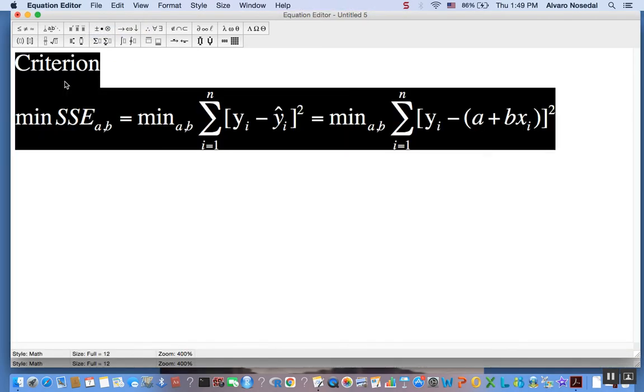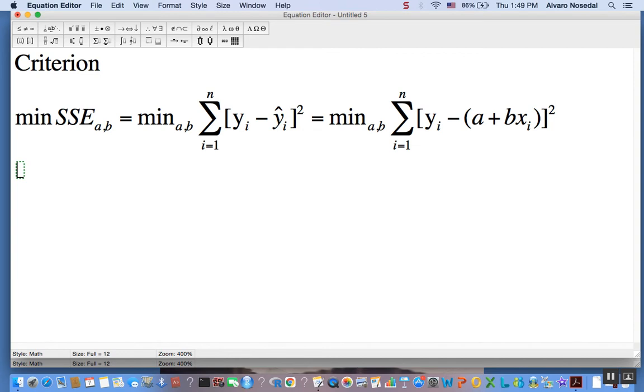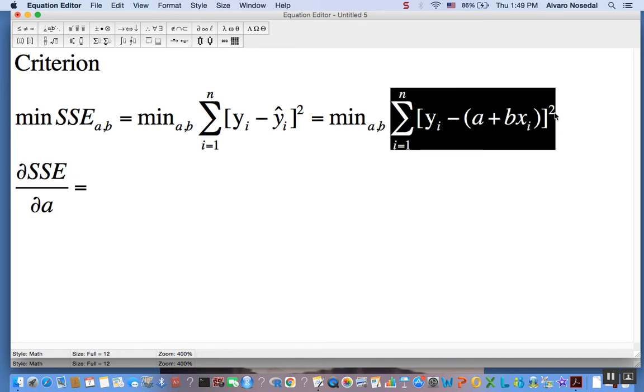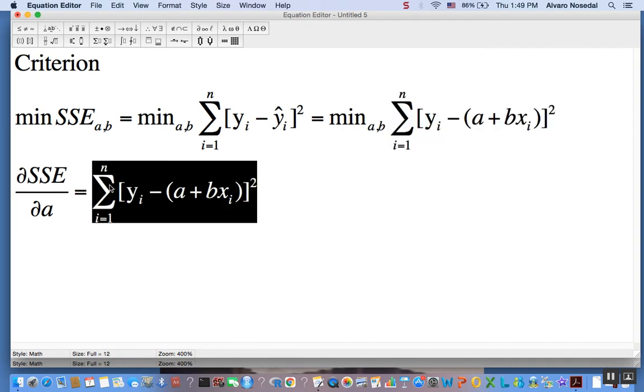Okay. So let's find the partial derivative of SSE with respect to A first. That's a derivative of a sum, so it's the same as the sum of derivatives, right? Let me copy paste this. It's going to be useful.